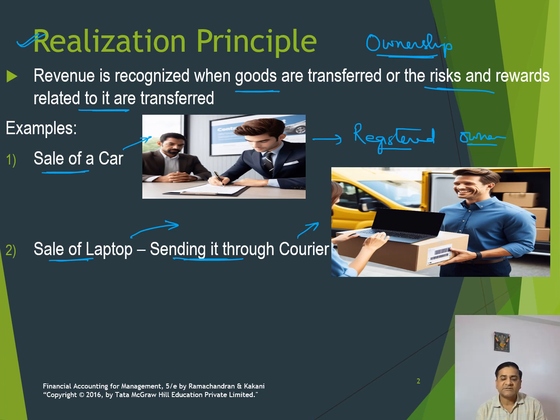Because during the transit, if something happens, it is not the buyer who is going to bear the risks. It would be the seller. So the sale is not completed till the item is delivered to the buyer. So anything sold by way of courier would be treated as a sale, or the revenue is recognized, only when it is handed over by the courier guy to the buyer, right?